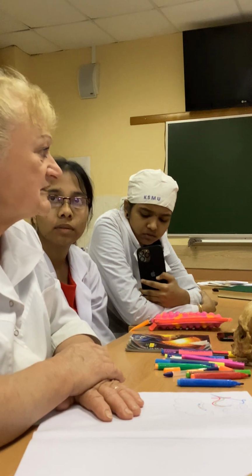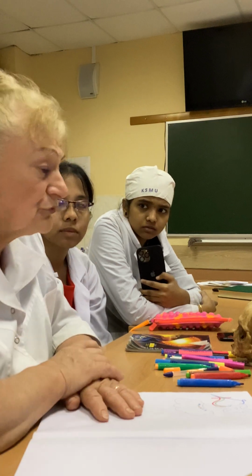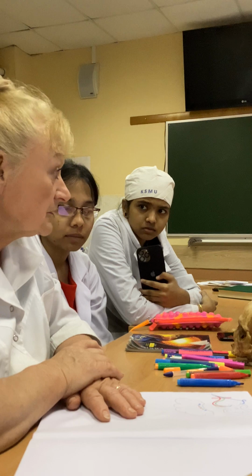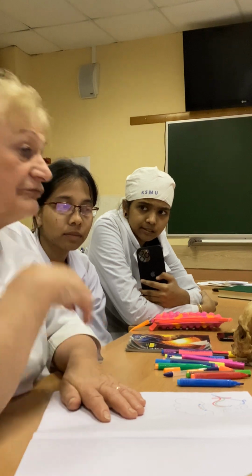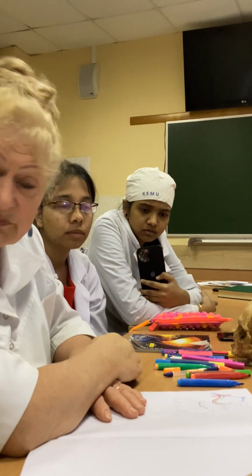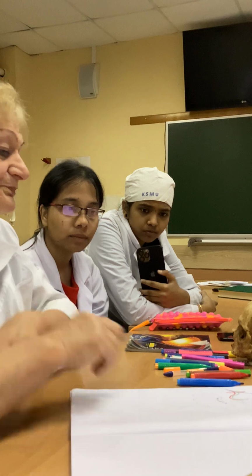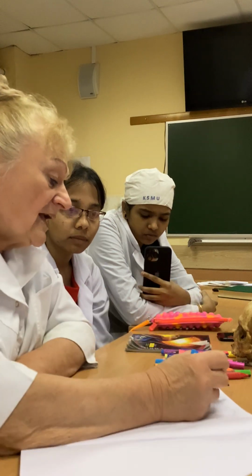This will be for the intermedial nerve. The intermedial nerve goes together with the facial. The facial will exit outside, and the intermedial will lose its branches while traveling inside the skull. Did you understand?